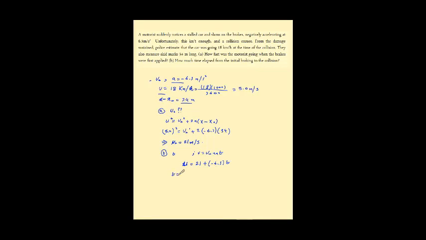So t equals 5 minus 21 over minus 6.3, and this is equal to 2.6 seconds.